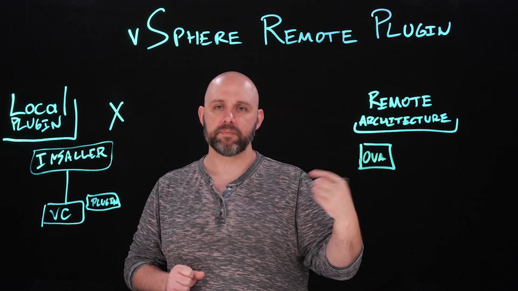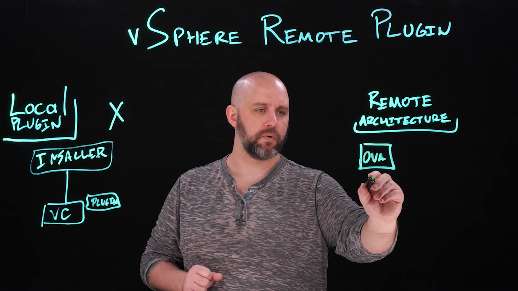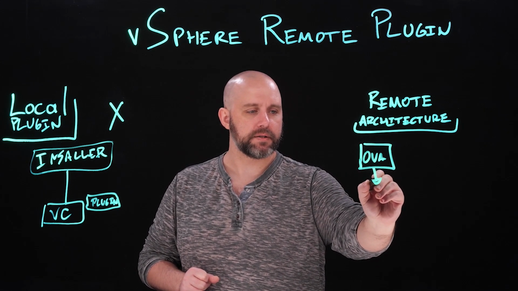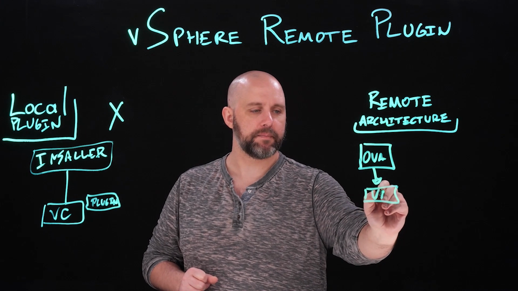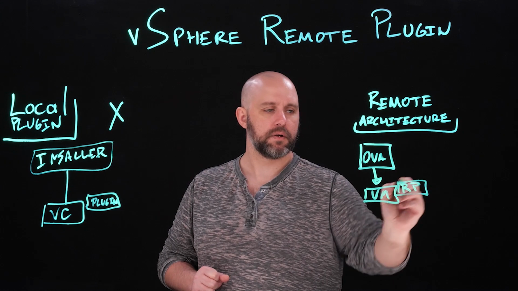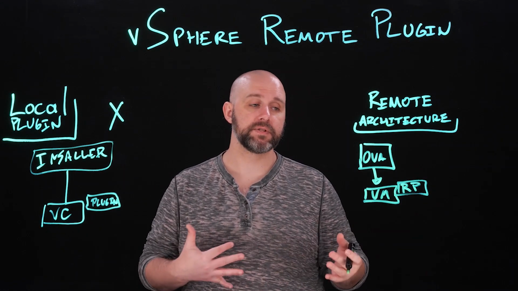So this OVA would be deployed wherever you wanted to store your infrastructure or production VMs. And so this OVA would deploy a VM, and in this VM, you would have the remote plugin application essentially provided through this VM.